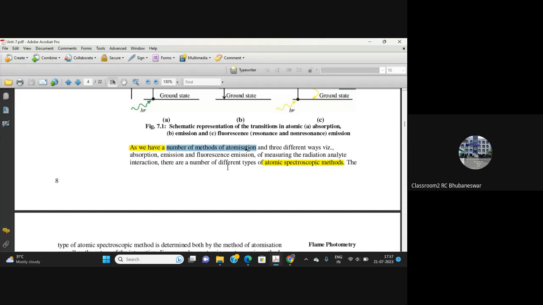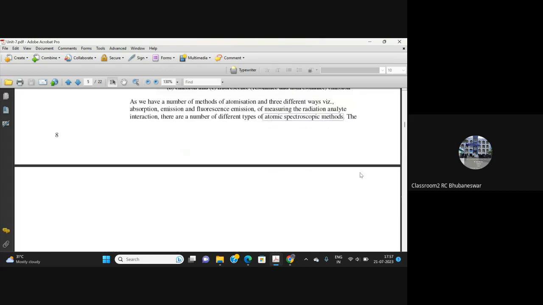So, as we have a number of methods of atomization, means electric arc, you can use flame photometry. So, three different ways, that is absorption, emission, and fluorescence emission, of measuring the radiation and light interaction. So, there are a number of different types of atomic spectroscopic methods.